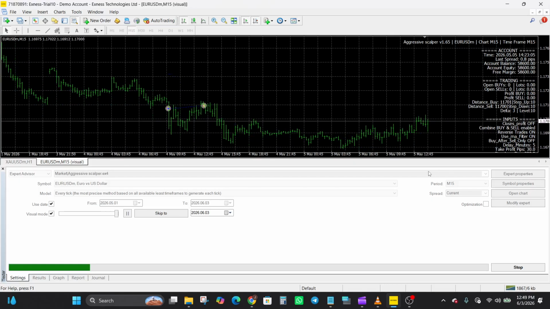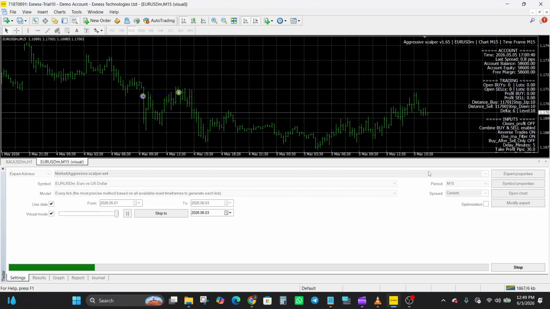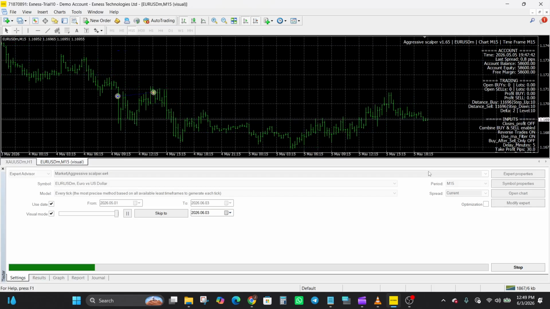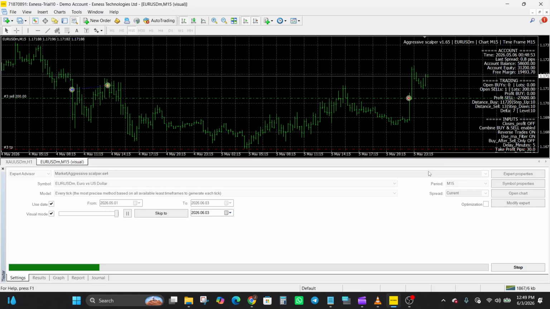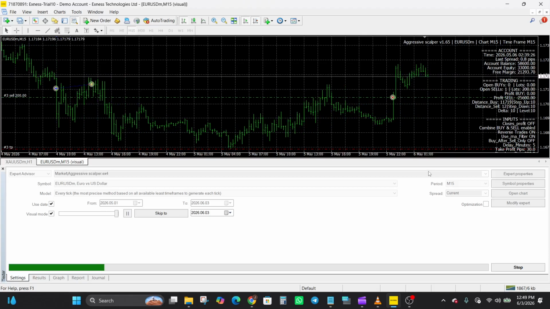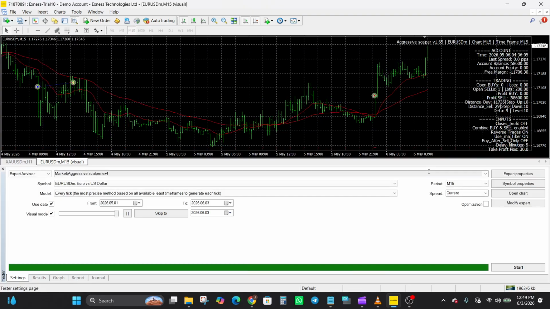Now, because this is a scalping based system, we would be expecting the frequency of trades in the historical data to be noticeably higher compared to slower trading systems, right? Which is expected based on the strategy description.